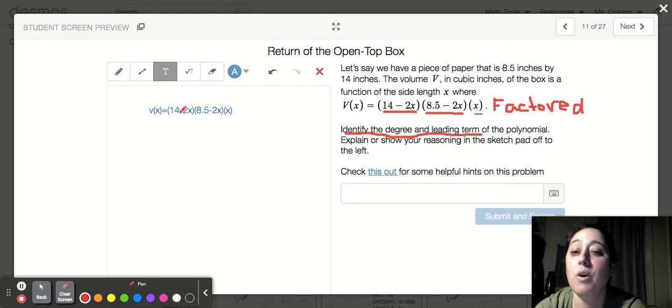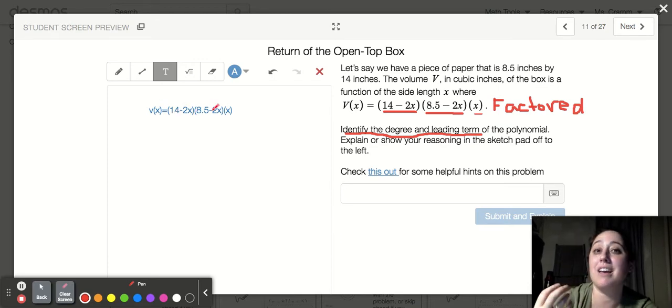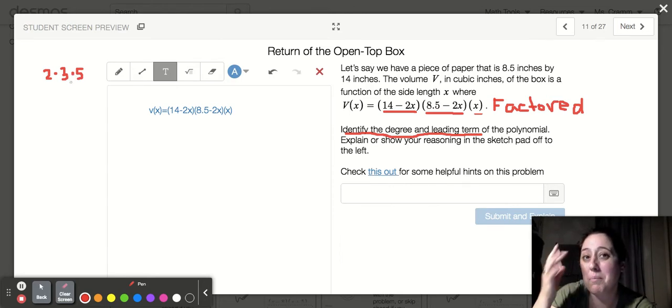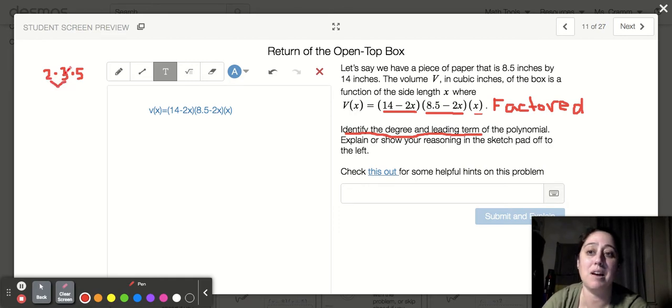I'm going to pick two of the factors. I can't multiply all three simultaneously, just like if you did 2 times 3 times 5, right? If you're multiplying, it doesn't matter the order that you do it in, but you can only multiply 2 at a time. I could say 2 times 3 is 6, and then 6 times 5 is 30.